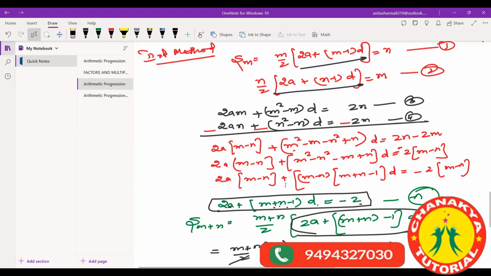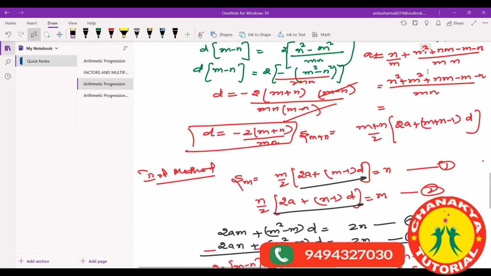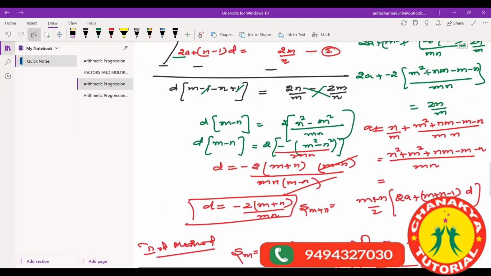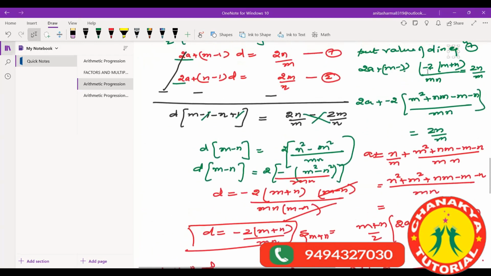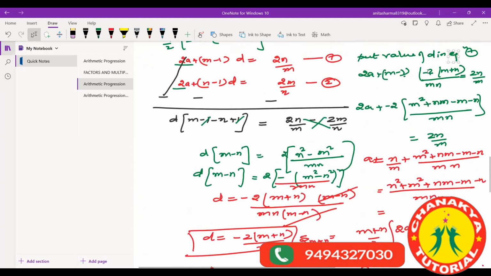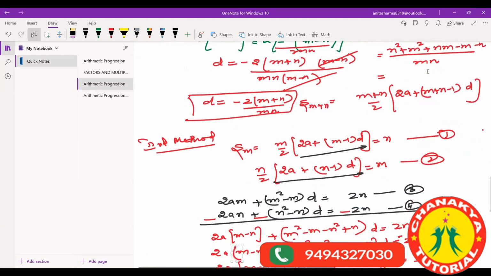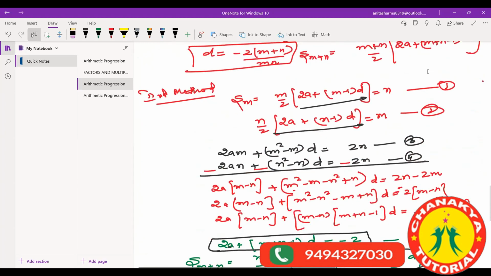So I have got 2a plus m plus n minus 1 into d is equal to minus 2. So I just put it, and with this also we have got the same answer. But it will take time. Here also I have subtracted only, and in the second method also I have subtracted. Right, beta? Yes, ma'am.